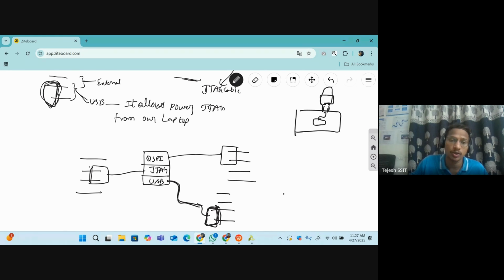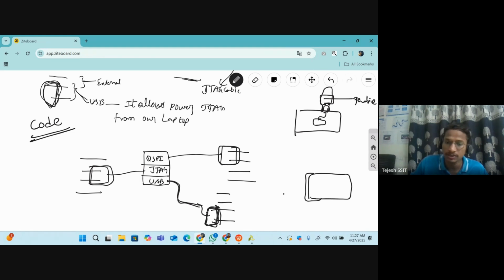Otherwise, you can choose any kind of QSPI or JTAG, so it will allow the code. This is for code, not for power. This is for code loading. If the code is in the pen drive, you can select these two wires, the 3-4 wires, and it will allow the pen drive.